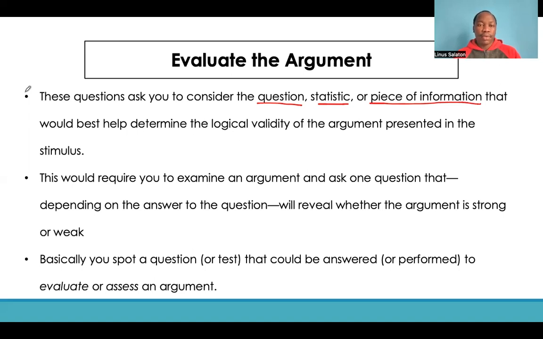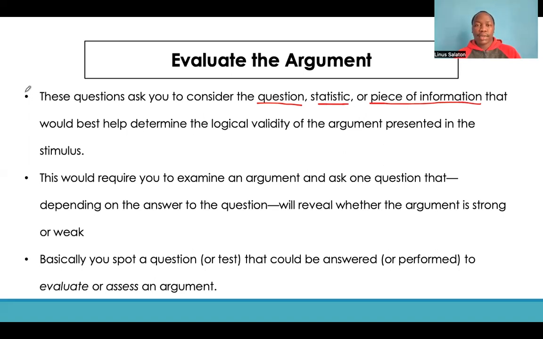So for evaluate the argument question types, they will ask you to come up with a question that best logically describes the scenario presented in the stimulus. This requires you to examine an argument and ask one question that, depending on the answer to that question, would reveal whether the argument is strong or weak, all right?